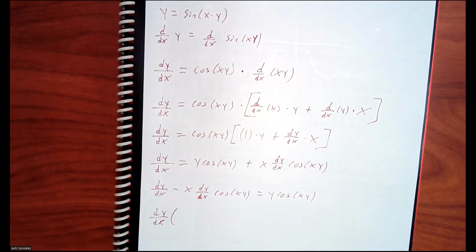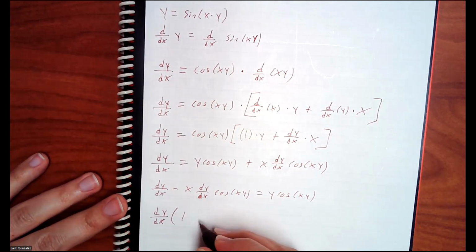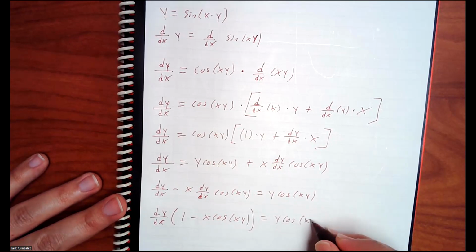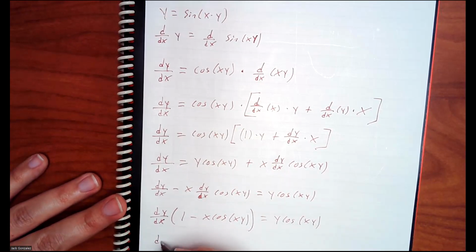And then we'll just divide the leftover, right? So 1 minus x cosine xy. So divide it.